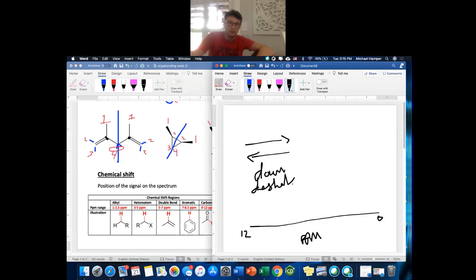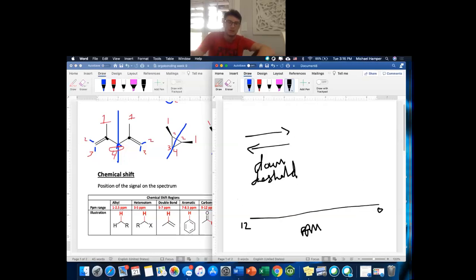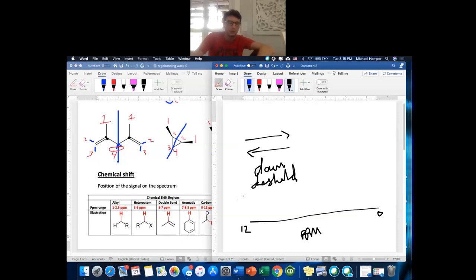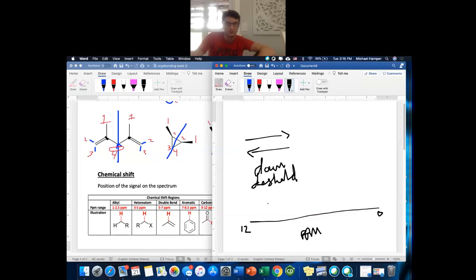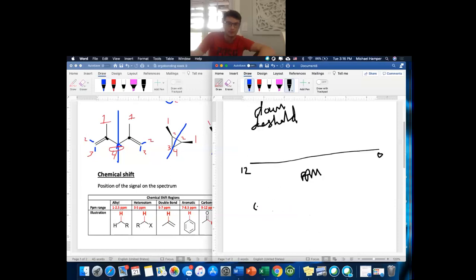And what does a shield do? It protects you, but hydrogens that are de-shielded are left vulnerable. They have less of a shield, and that's what something like a halogen will do. The halogen is electronegative. For example, this aldehyde carbonyl is pulling electron density towards itself and away from this hydrogen.